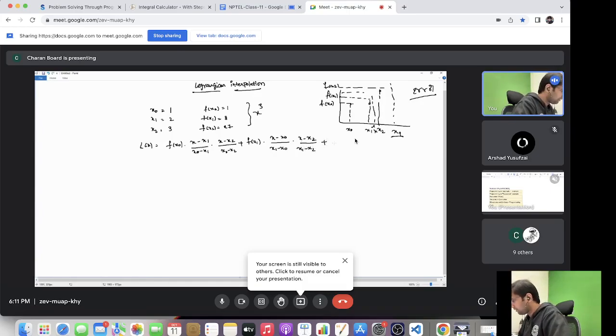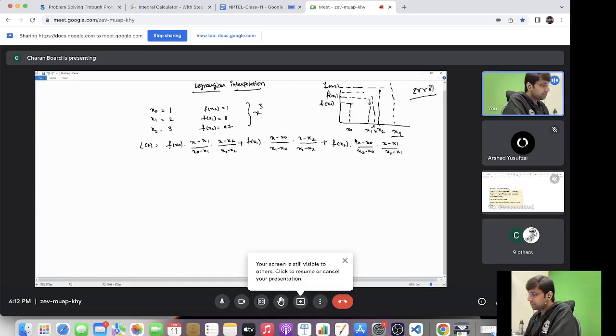Plus f of x2 into, this time making sure we don't touch this point, so x minus x0 by x2 minus x0 into x minus x1 by x2 minus x1.